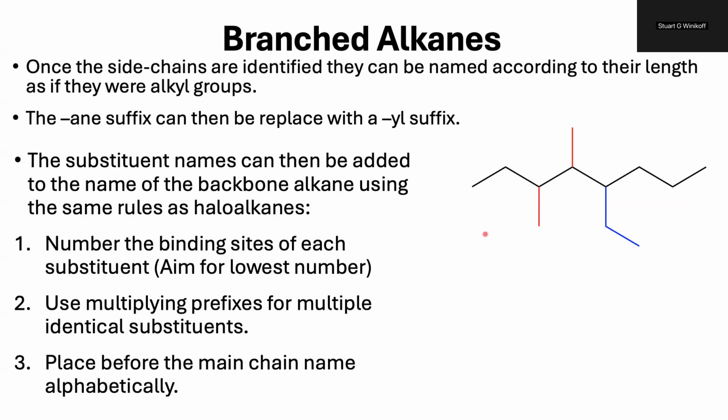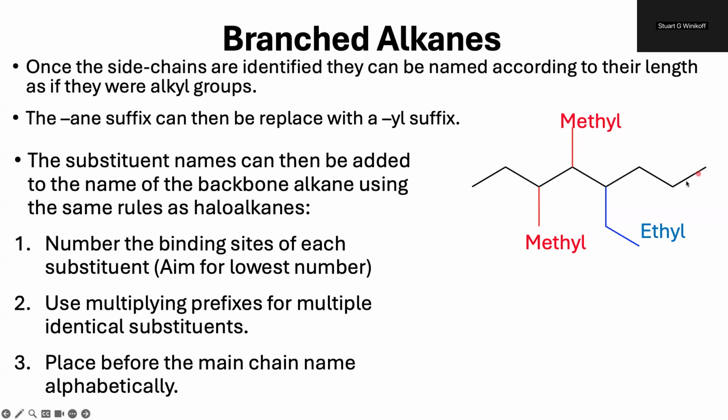If we go back to this first octane species, we have 2 one-carbon chains. These are both methyl groups: meth- is one carbon, and now we replace the -ane with -yl. We also have a 2-carbon ethyl substituent. For the numbering, if I went from the left, it would be 1, 2, 3.